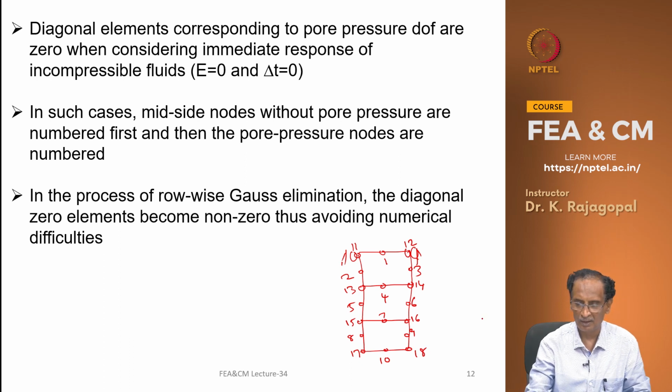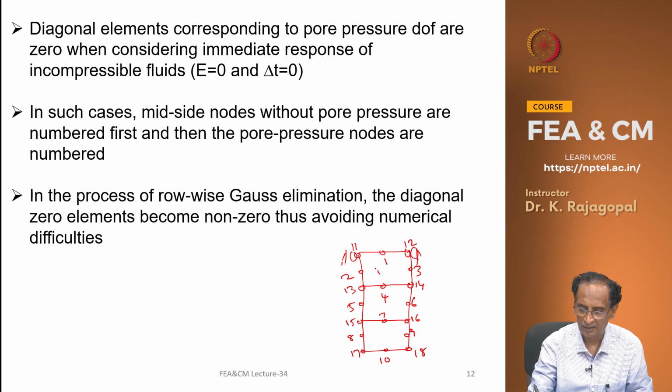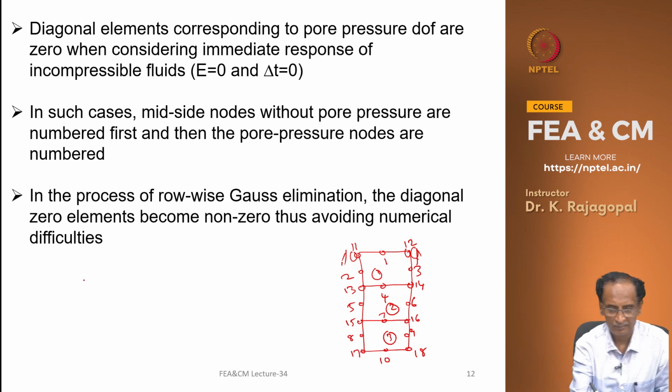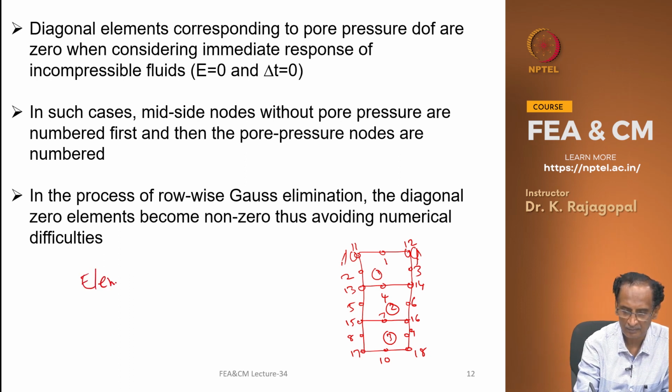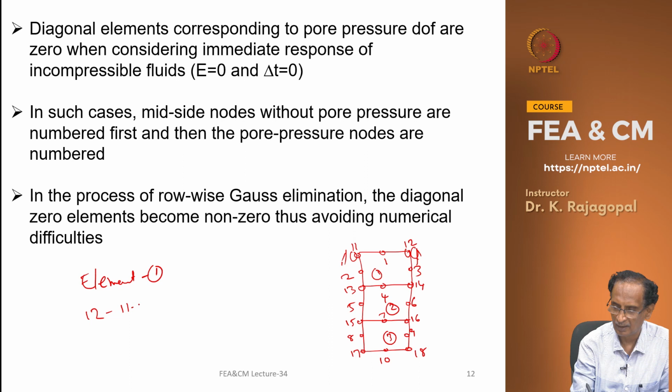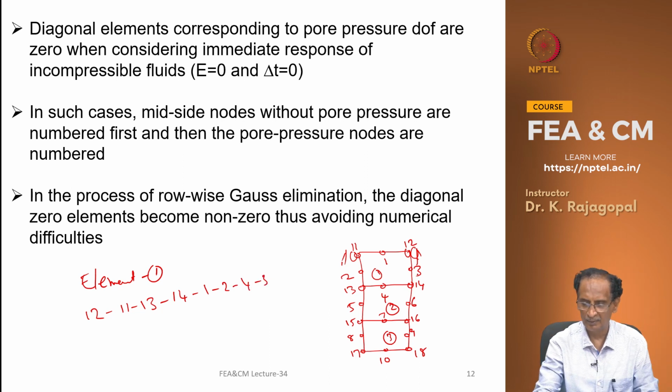Okay. There are three elements in this mesh. And so element 1 is defined between 8 nodes, say 12, 11, 13, 14, 1, 2, 4, 3. These are the 8 nodes of element 1.